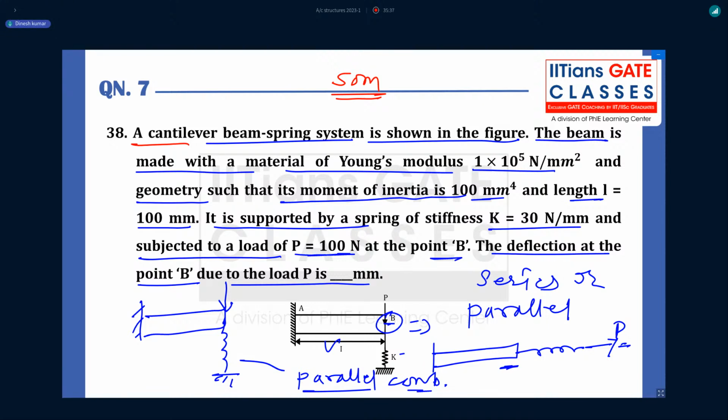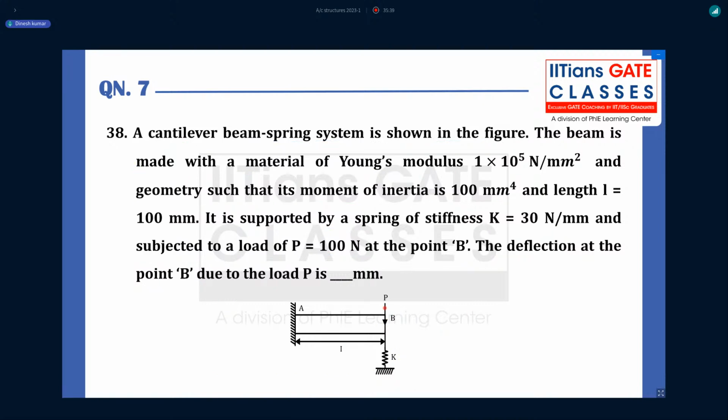Now guys, since it's a parallel combination, we can find the K beam, the equivalent stiffness of the beam. We all know that when there is a cantilever and the load is acting at the free end, the equivalent stiffness of the beam is 3EI by L cube. How do we find this?